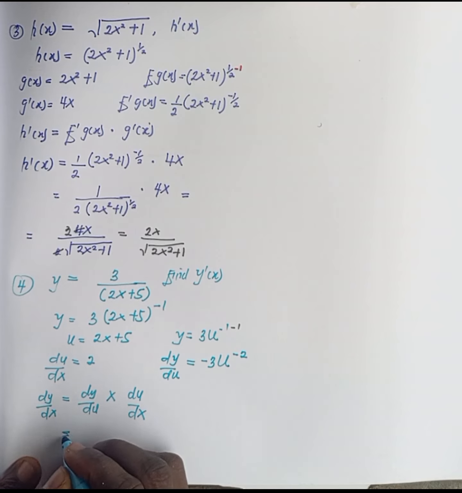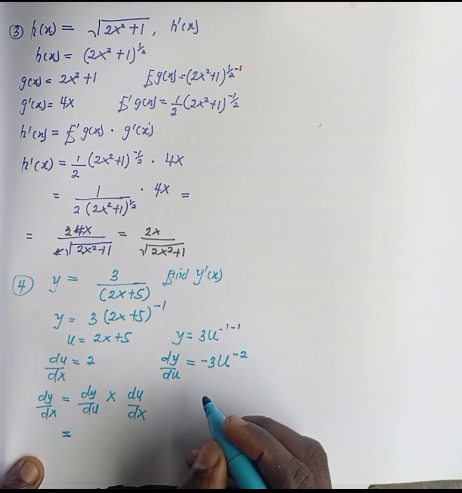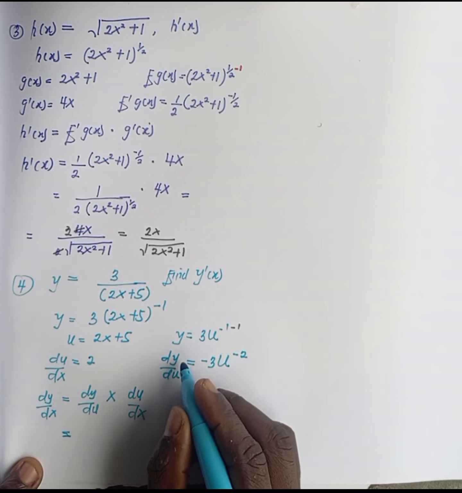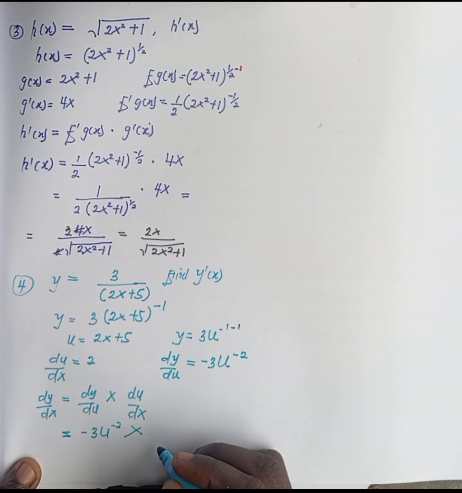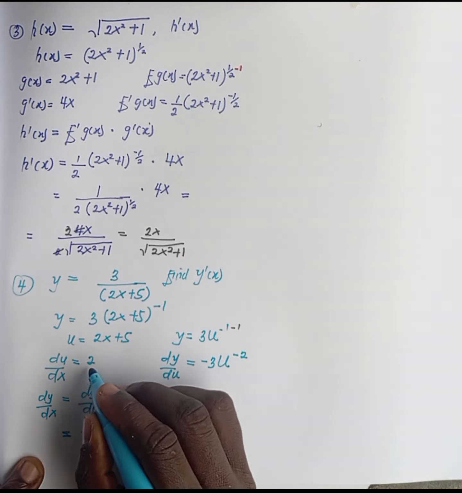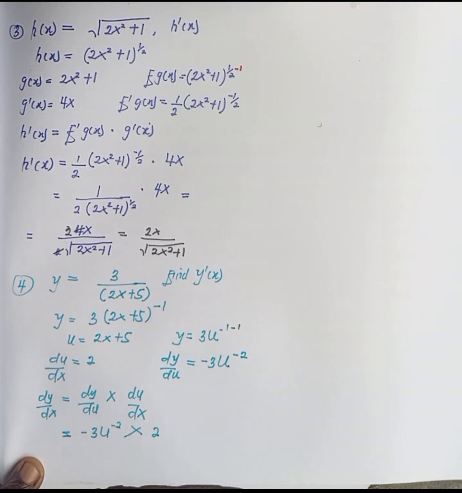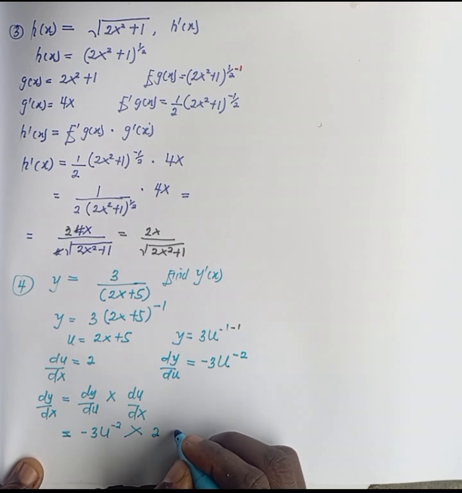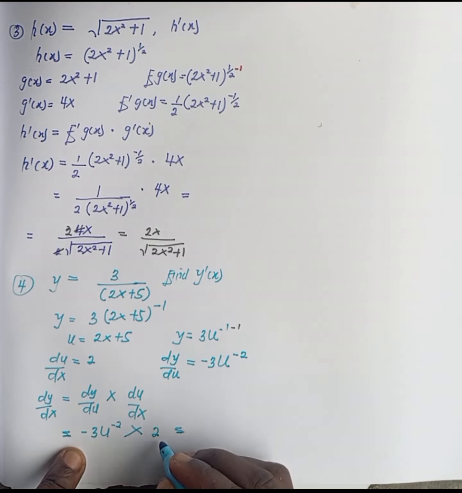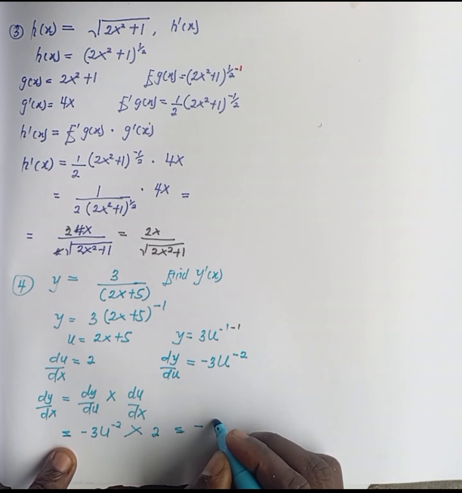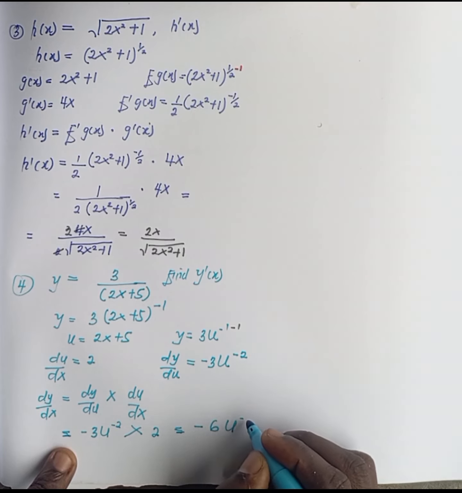Now our dy/du is giving us what? dy/du is giving us minus 3u exponent negative 2 multiplying du/dx. We had what? 2. Good. Let me continue from here. So let's multiply 2 times negative 3, which will give us negative 6u exponent negative 2.